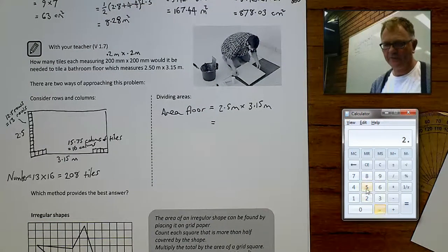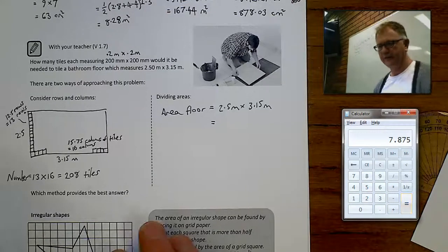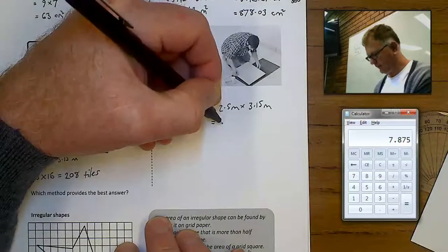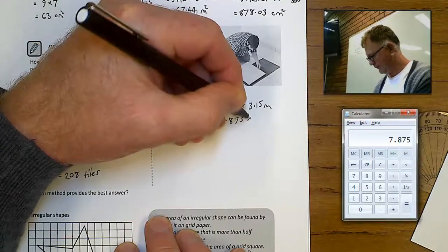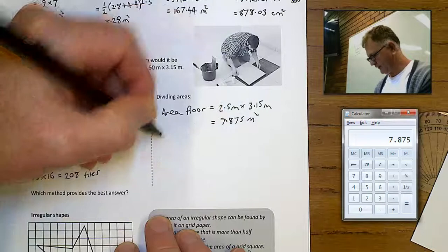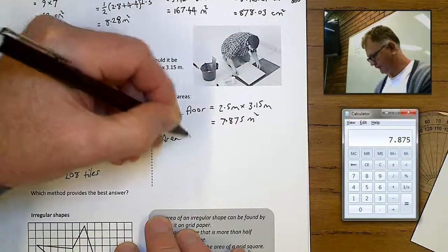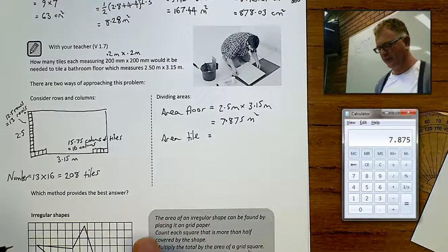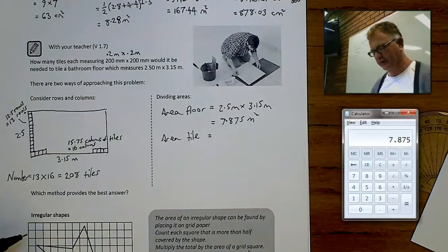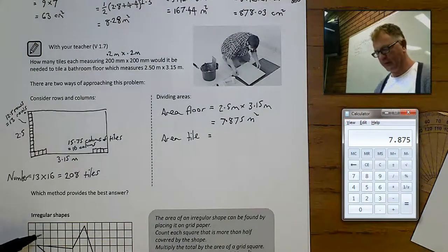2.5 times 3.15, 7.875 metres squared. Now what about the area of a tile? Now I want to get that in metres squared as well, and very important, if you're working this, we want everything to be worked in metres.